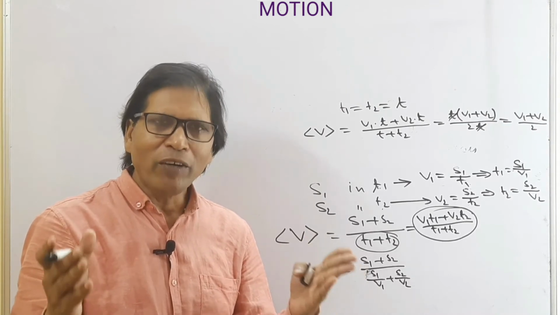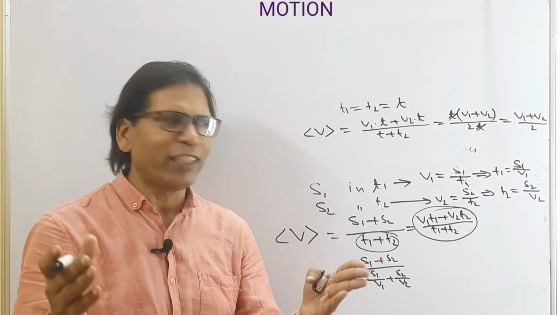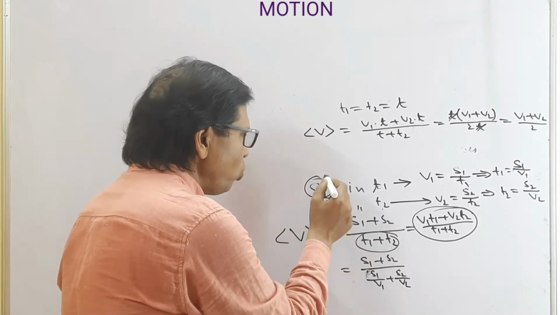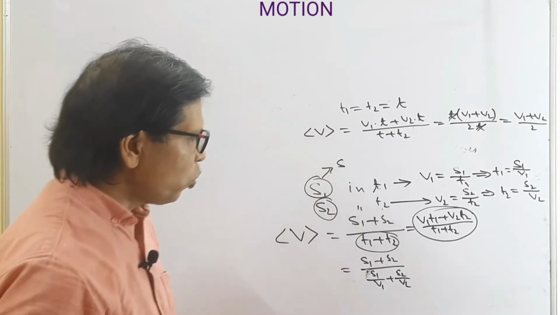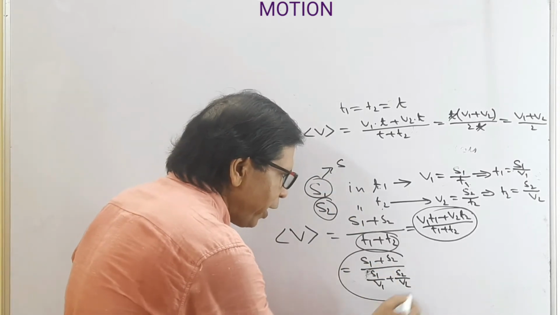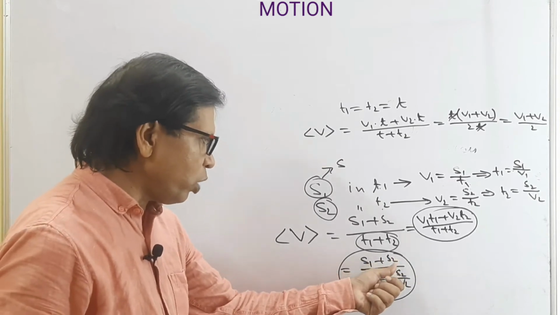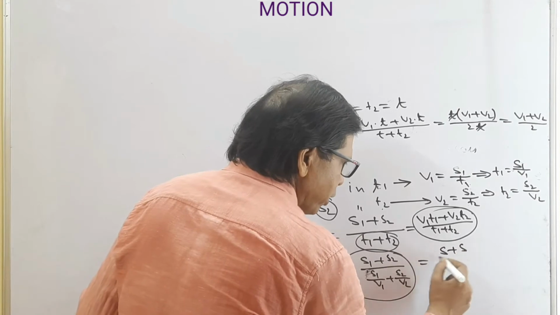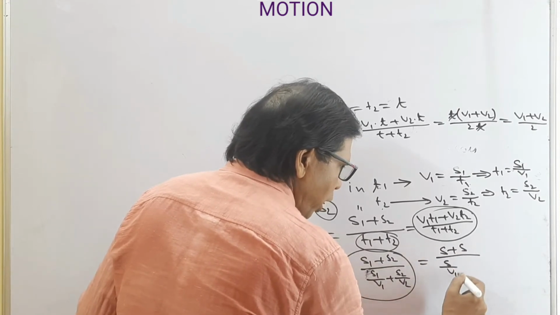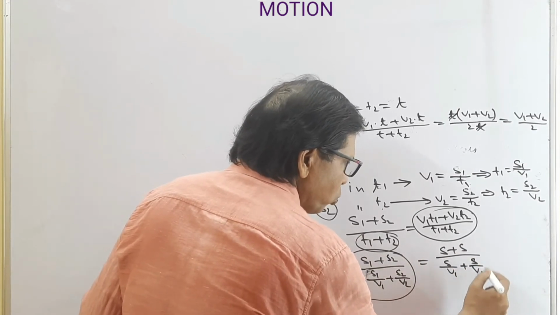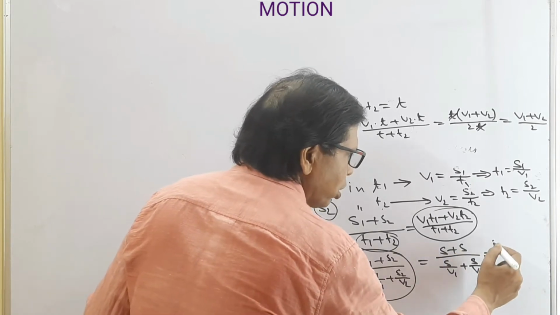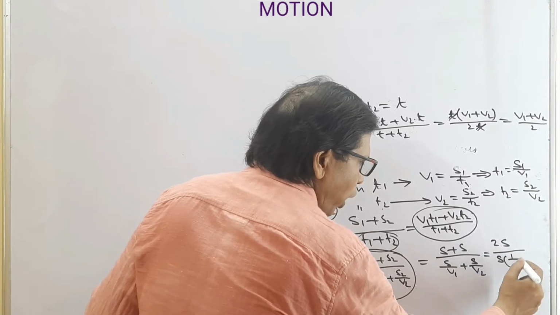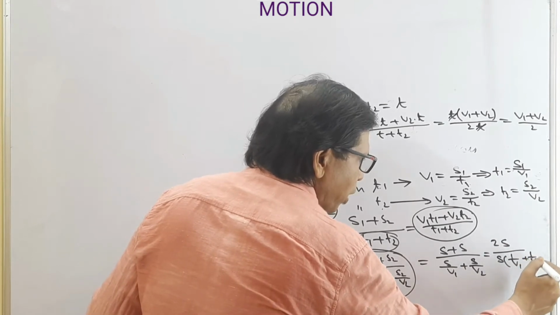Okay. Now average speed in equal distance. Look at this. If s1 equal to s2 equal to s, and we put the value here, we get (s plus s) divided by (s by v1 plus s by v2). Look at this, s plus s is 2s. Now in the denominator s is common, (1 by v1 plus 1 by v2).